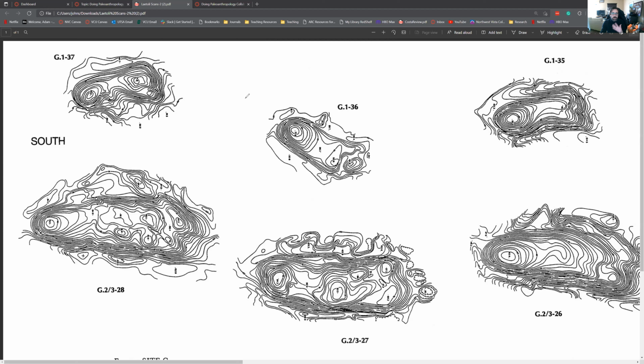Finally, the third question is, what other things do we need to know? So we need to know the matrix. So what are these footprints in? We need to know, that can tell us potential dating methods. That can tell us how they were preserved. It's hard to draw with a mouse. Preserved.